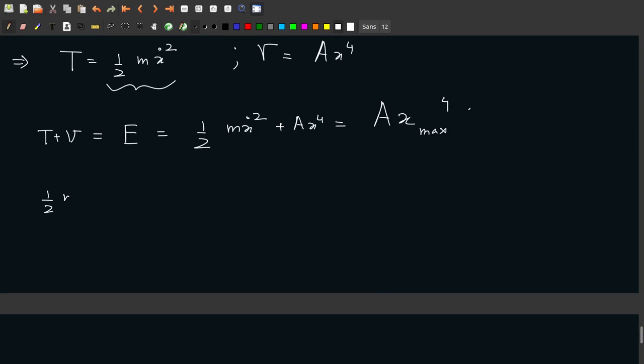So from this you can find out that half m x dot square is equal to a into x max to the power 4 minus x to the power 4.